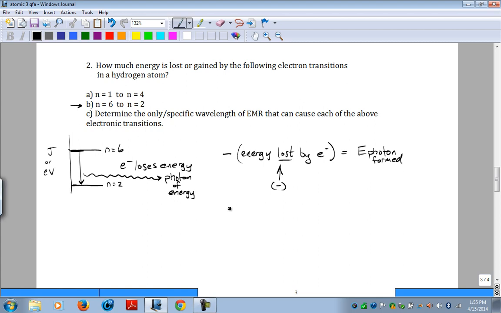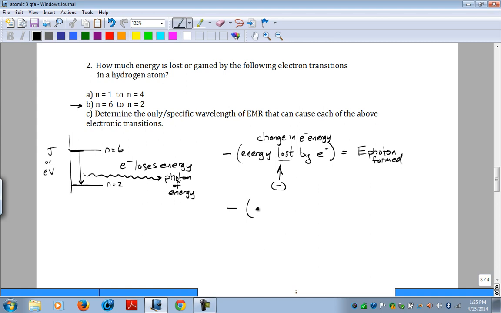Alright, so the formula then becomes negative the energy loss. The energy loss is the change in energy. It's another thing that we could write here equivalently, change in electron energy, and that's always going to be final minus initial.